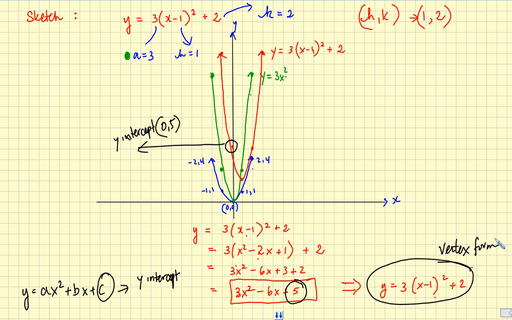The advantage of having the quadratic written in the standard form, ax squared plus bx plus c, once you've expanded the vertex form, is that it tells you what the y-intercept is, something that the vertex form doesn't tell us. And later on we'll see the importance of figuring out the y-intercept and so forth.